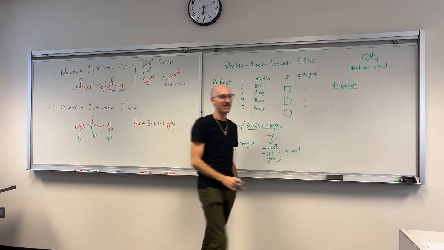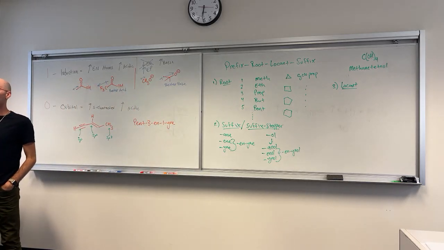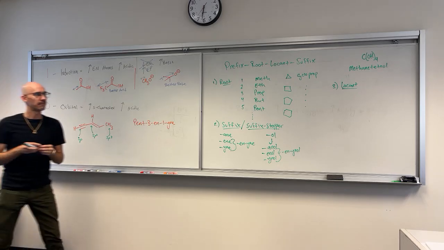Let's look at the locant. This simply describes where along the carbon chain a suffix appears, if necessary. So there are some exceptions. Methanol, you don't need to say 1-methanol, there's only one carbon. Ethanol, you technically don't need to say ethan-1-ol, because otherwise it would just be on the other carbon.